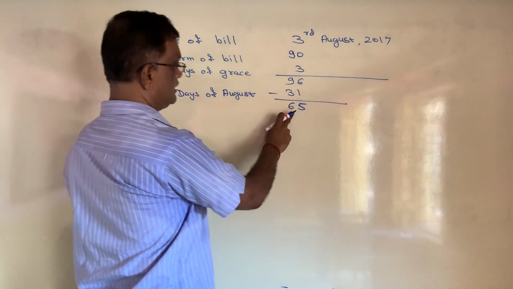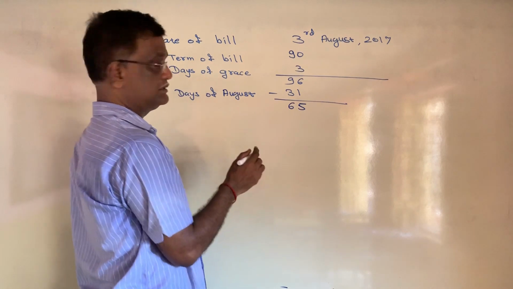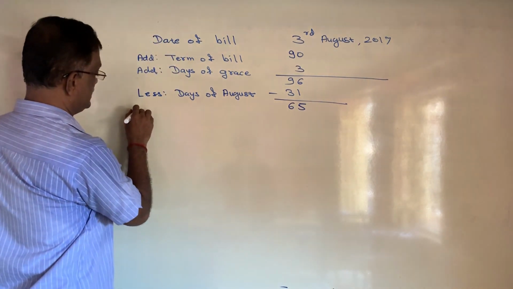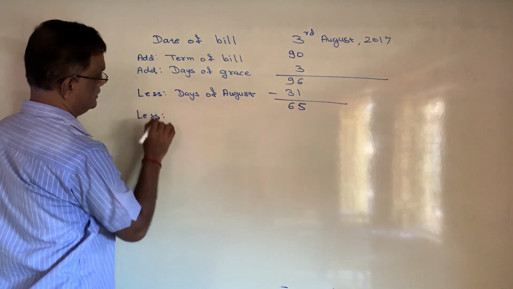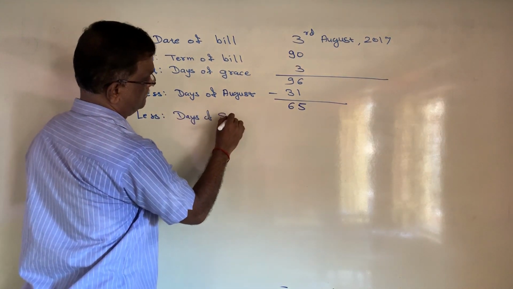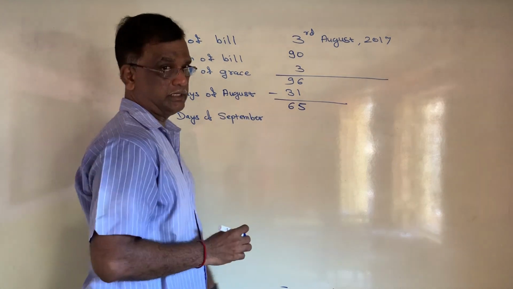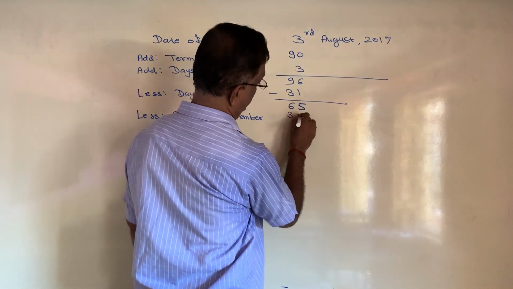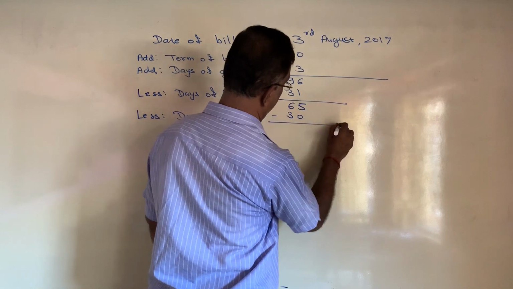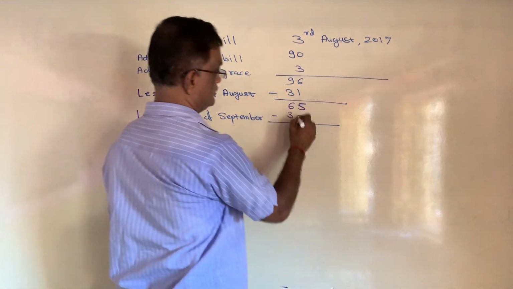So from this 65, you have to deduct the number of days of September. After August, there is month September. How many days does September have? Days of September, 30 days. Minus. September month has total number of days 30. Minus.